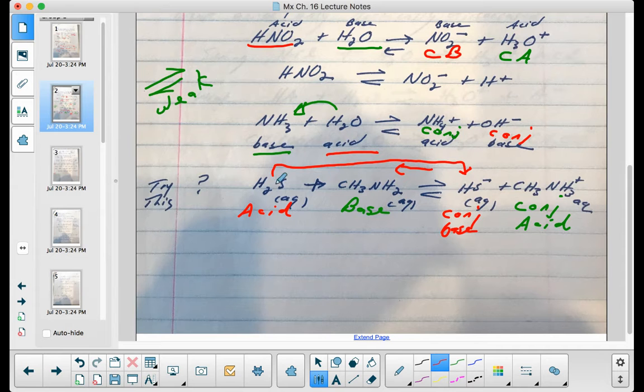This would take on the hydrogen, making it base-like. This would lose that extra hydrogen, making it acid-like. So that's how we identify the conjugate acid-base pairs. So this is the acid, this is the conjugate base of the acid, this is the base, this is the conjugate acid of the base.